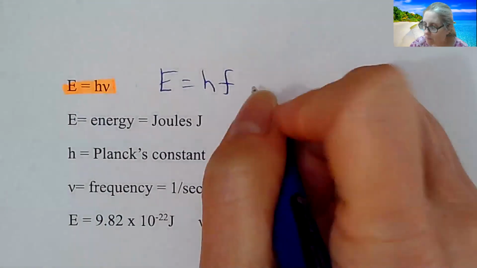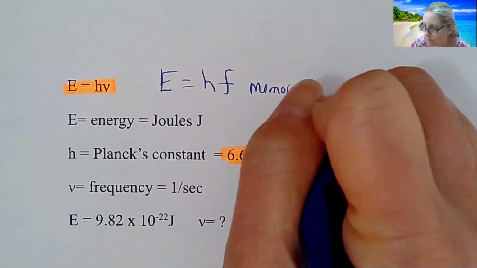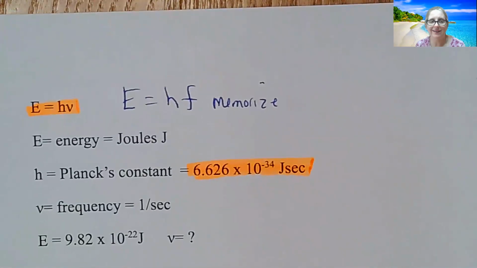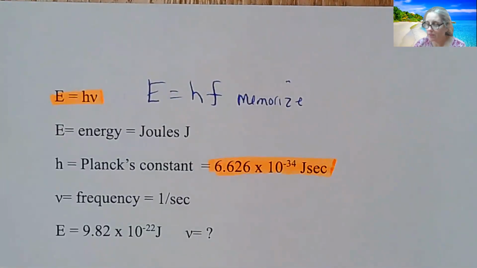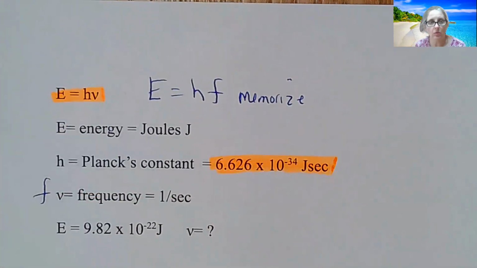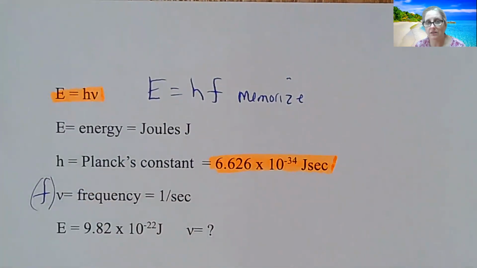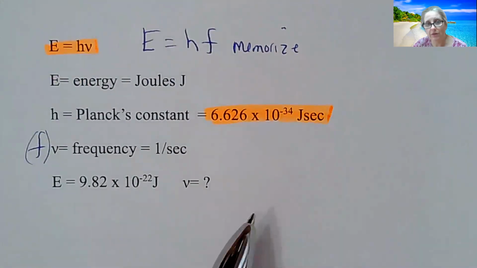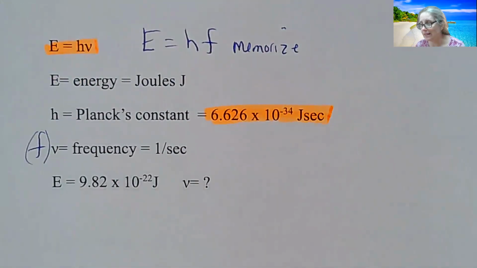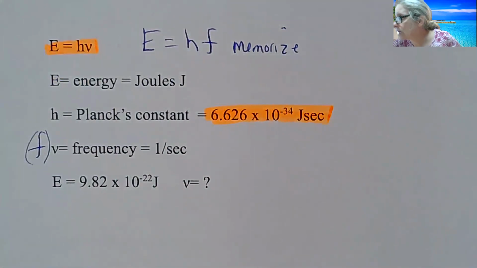You will have to memorize the equation, but I will give you the constant. And this is frequency, again F or nu, either way is fine. It's going to be 1/seconds. So it's always going to be the same calculation, whether I give you energy and ask you to find frequency, or I give you frequency and ask you to find energy. I will walk you through a couple examples of those before we get to the harder problem.